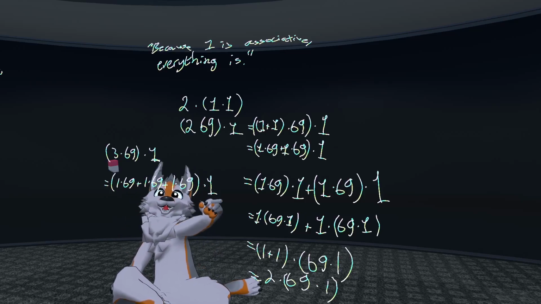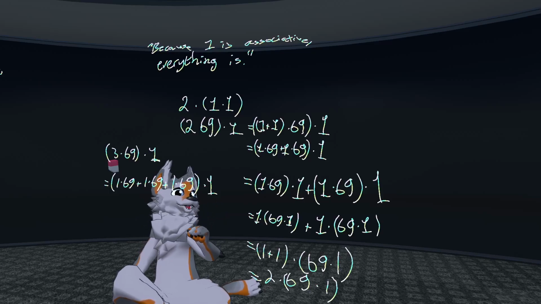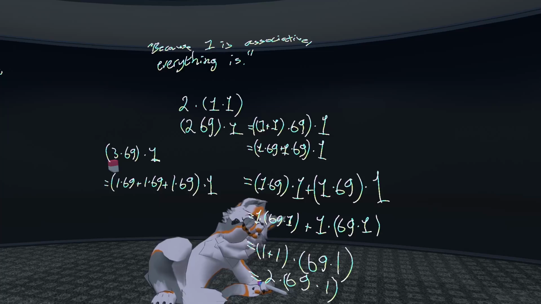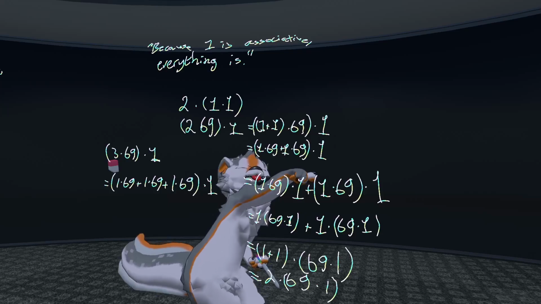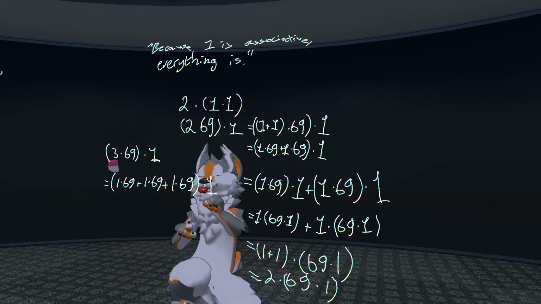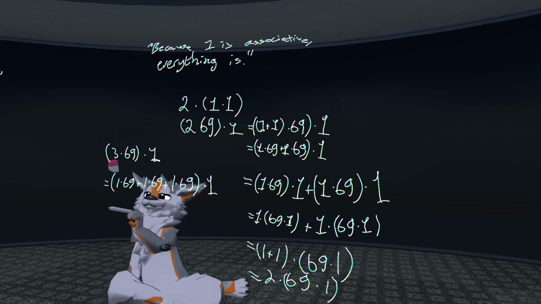Okay, so what did we do here? When we got to this point, after that we distributed this 1 from the right. So let's do that again.